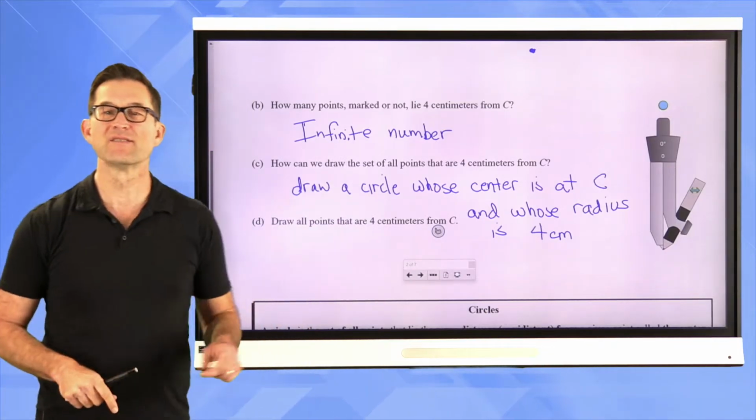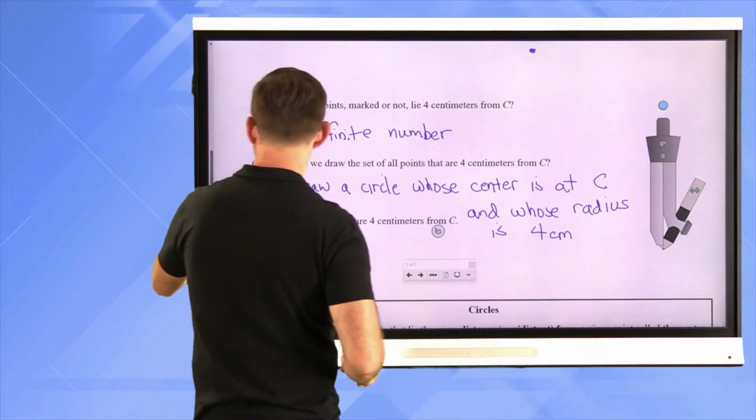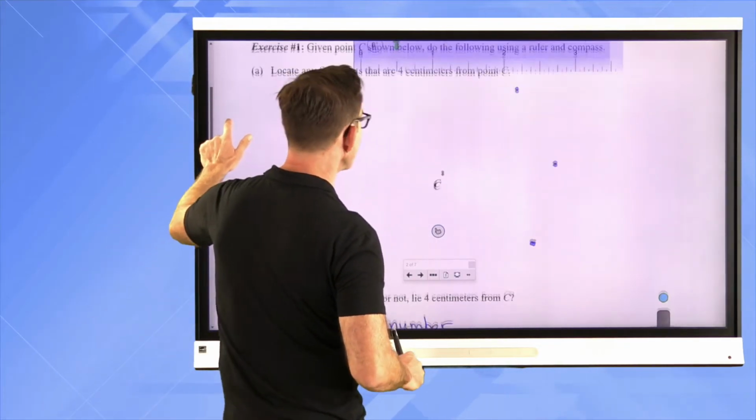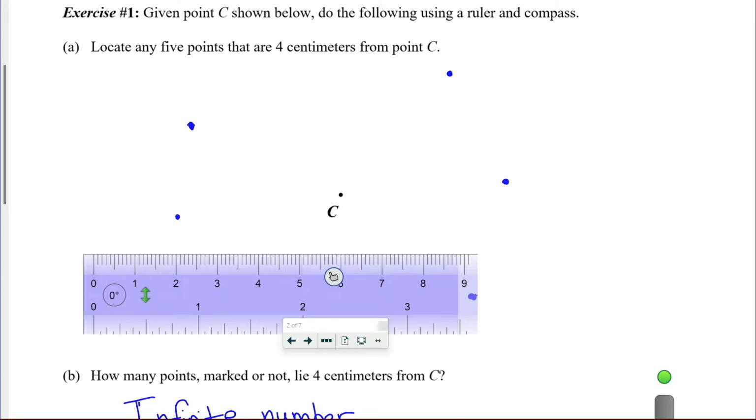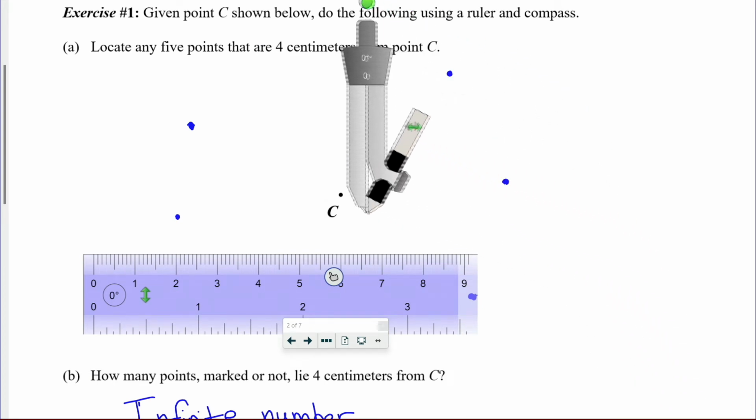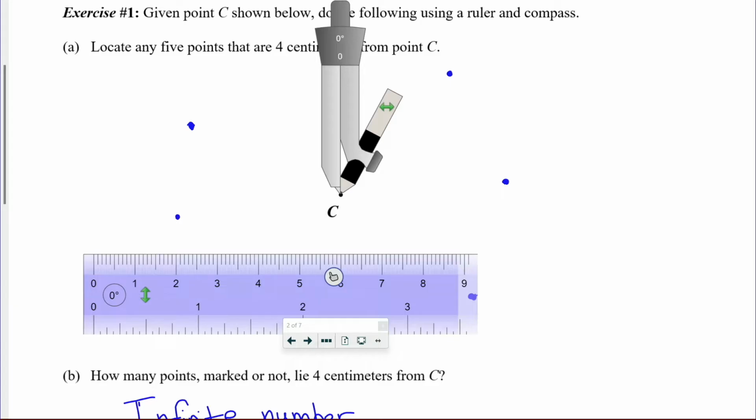All right, so let's do that in part D. Let's do it together. Now, a little bit tricky because we have to set how long our radius is, although we do know that all of these points are 4 centimeters away from C.